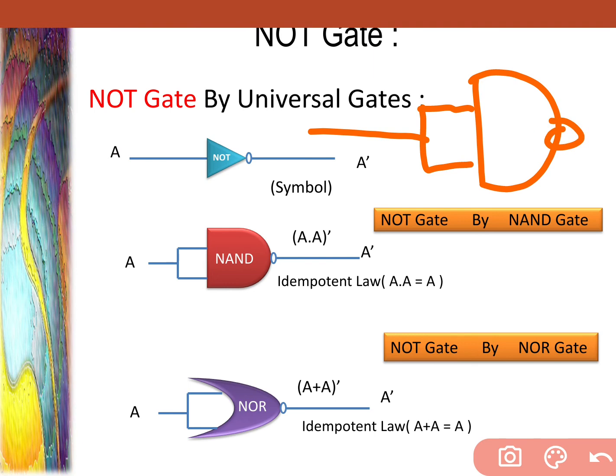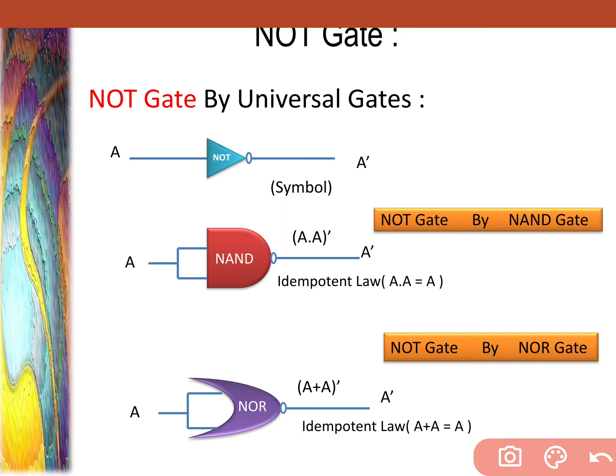See what happened? NAND produces A dot A whole dash. And by the idempotent law, A dot A is A. And then we get A dash. It means we are producing NOT by NAND.